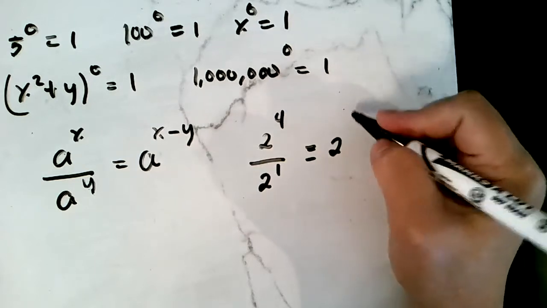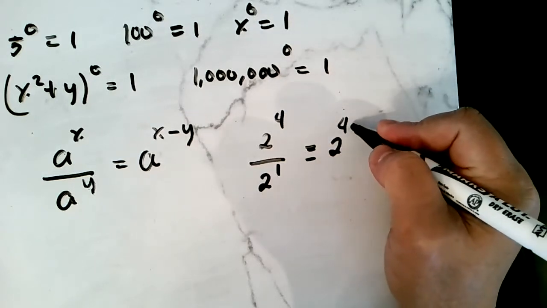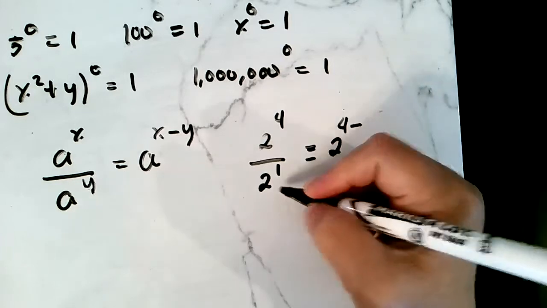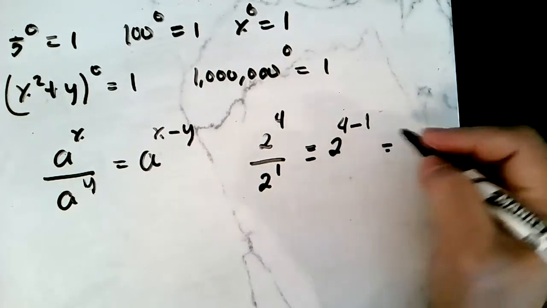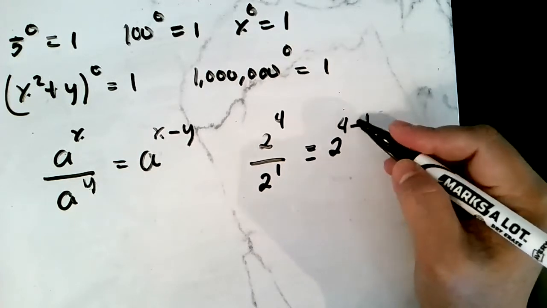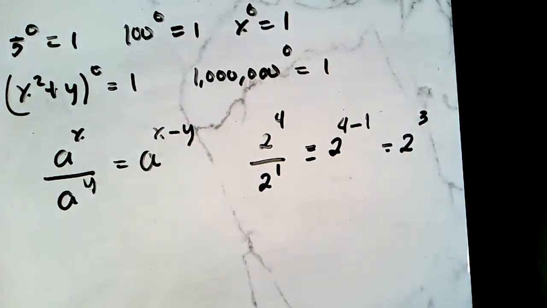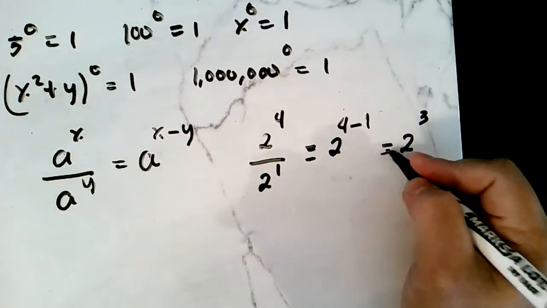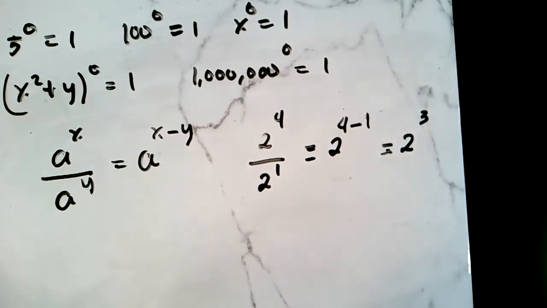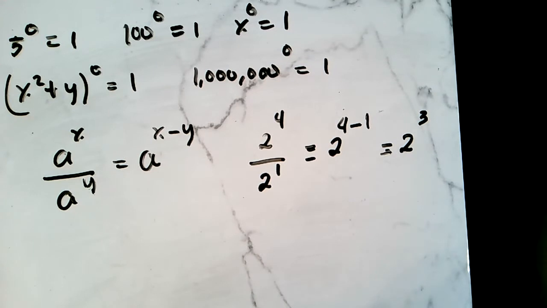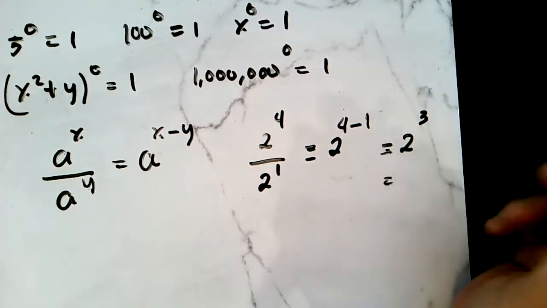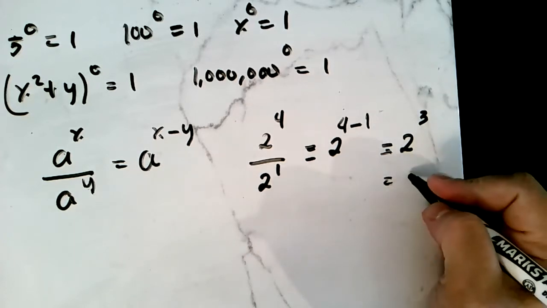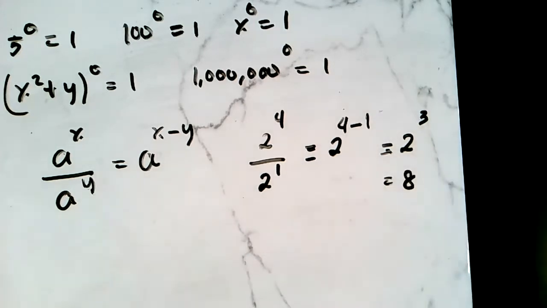We have 4 on top, then subtract the exponent at the bottom, so 4 minus 1, which is 3. The answer is 2 to the 3rd power, which simplifies to 2 times 2 times 2, which is equal to 8.